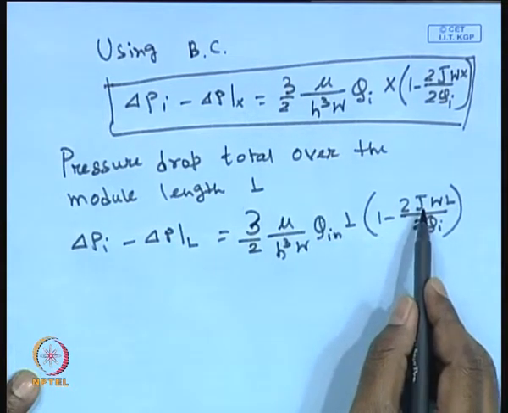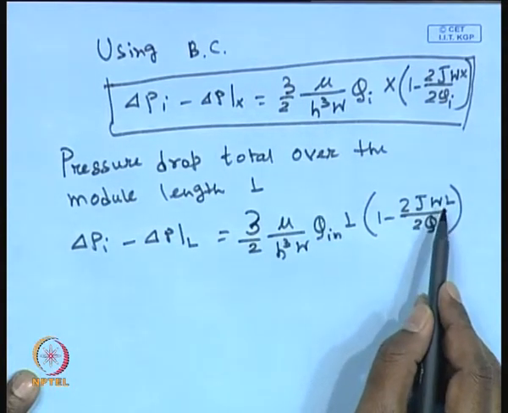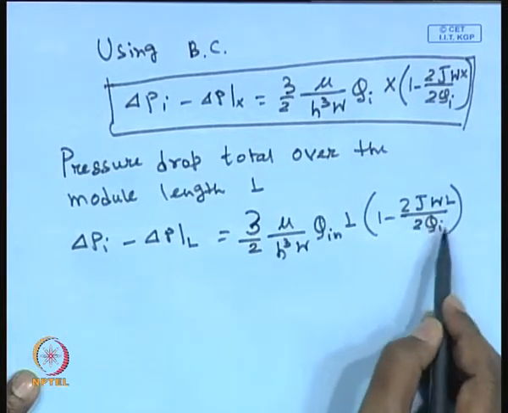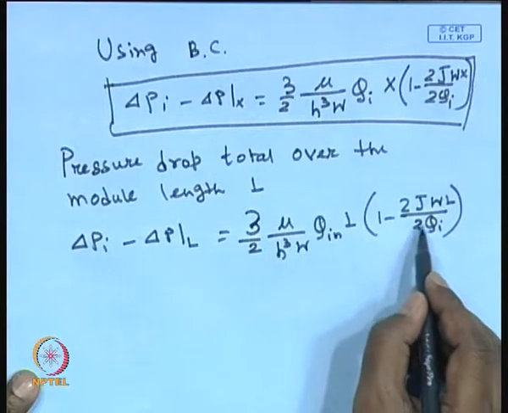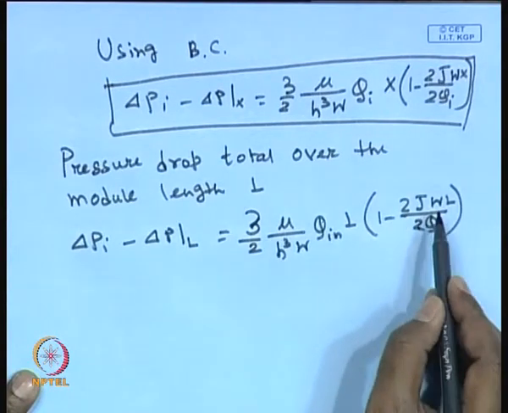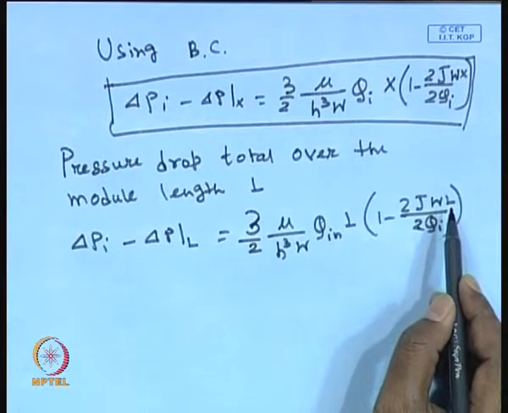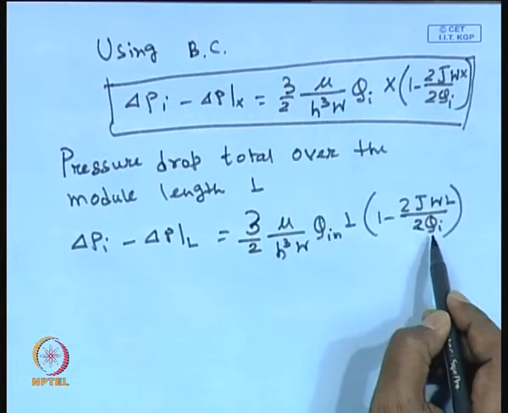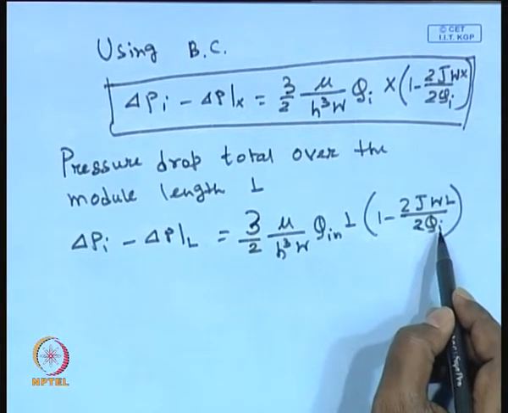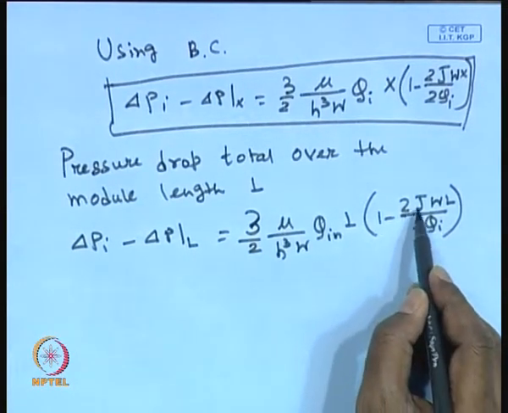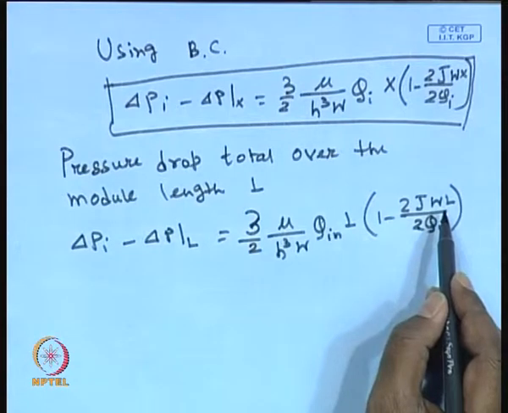J is meter cube per meter square second, and w L becomes the total area, so it becomes meter cube. So, this gives an idea why it is multiplied by 2 on both sides, because twice J w L is the total amount of permeate that you are getting. And what is the input? Input is Q_i. From Q_i meter cube per second, you are recovering 2 J w L meter cube of permeate.